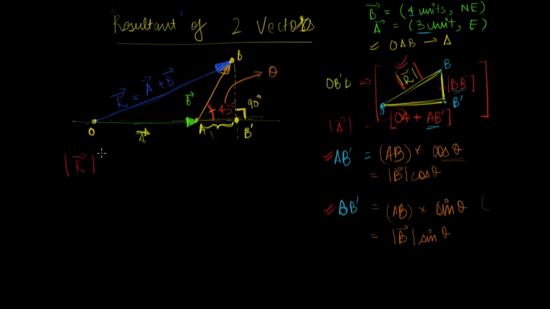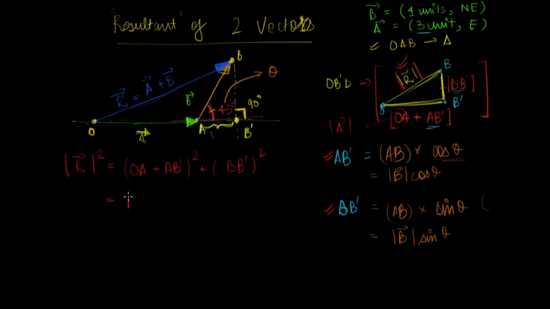Well, we know for one thing that it's the hypotenuse of this right angle triangle. Therefore, the square of this would be equal to the sum of the squares of the base and the perpendicular. That would be OA plus AB prime, squared, plus BB prime squared. We can work this out a bit more.